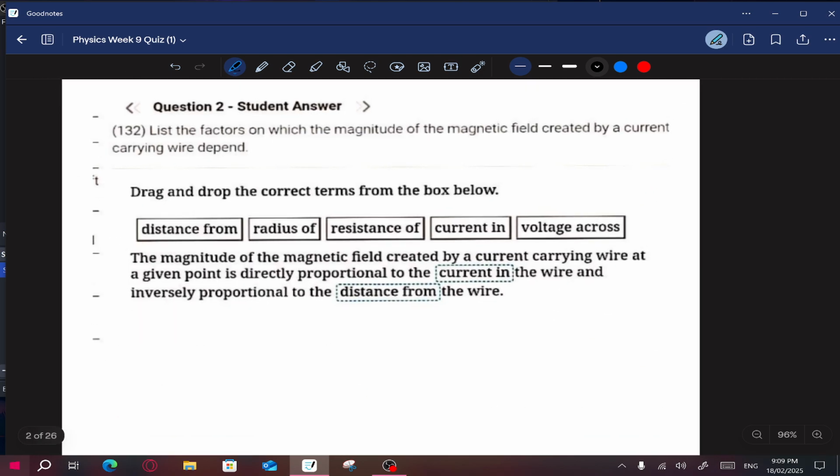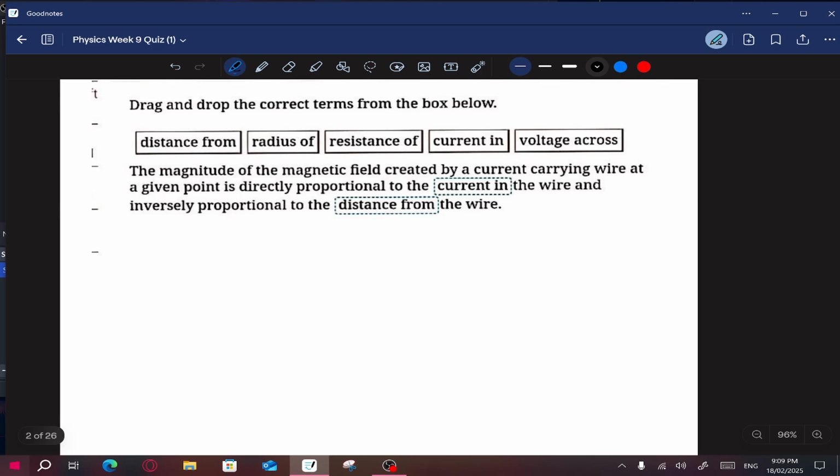Let's think about this from a logical perspective using the right hand rule, or Fleming's left hand rule, they both work. You find the direction of the force by combining the direction of the magnetic field and the direction of the current.